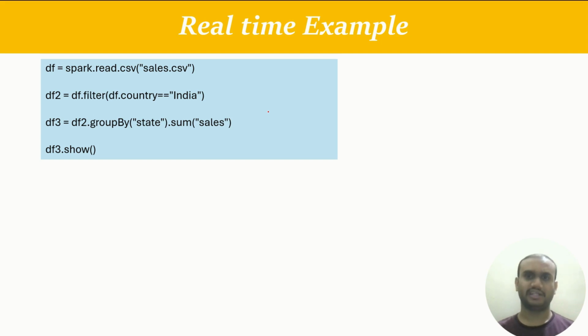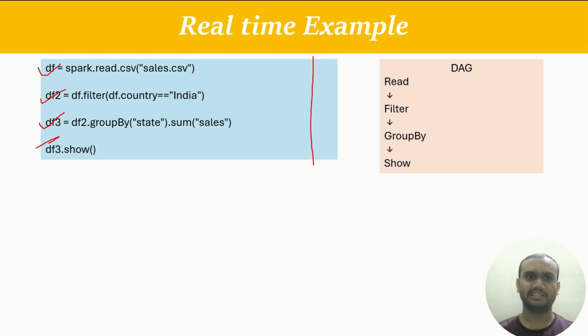In this real-time example, we can see this is the sample code submitted by a client, and this is called the application. There are four parts in this code: reading the file, filtering the data, grouping by the data based on some columns, and displaying it. Once the driver node receives this, it optimizes the plan, creates the best physical plan, and once that is ready, it creates the DAG.